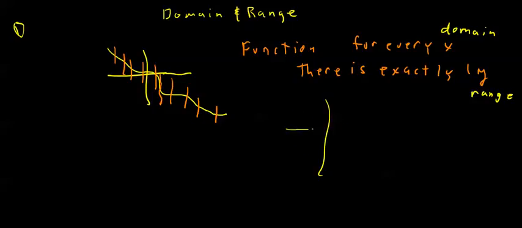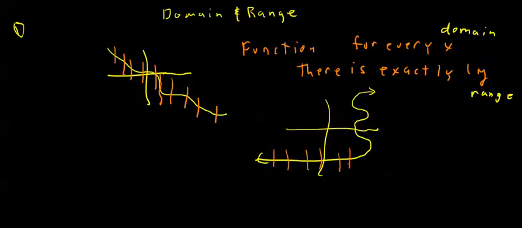So if I have a graph and it looks like this, I can draw a vertical line, many places, and I only hit 1 point. But there's also places I hit 2 or more points. Not a function. Not a function. Because for every x, there can be one and only one y.